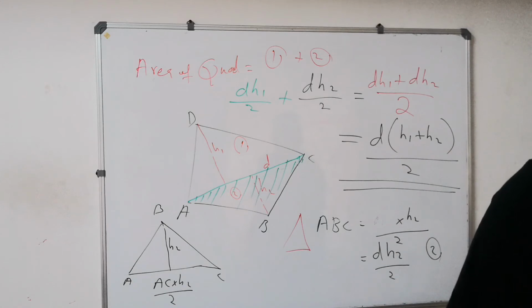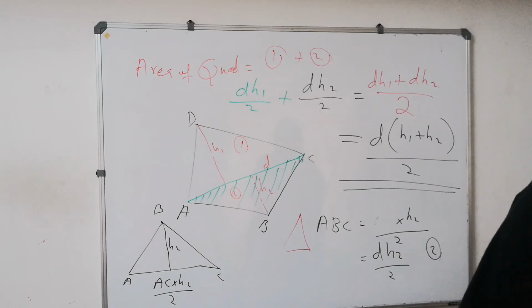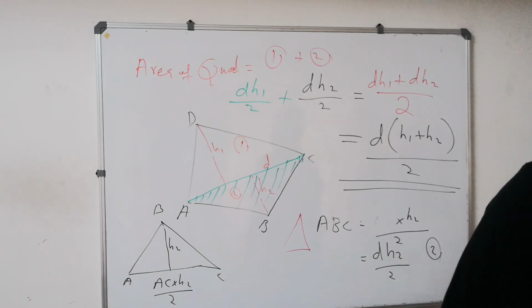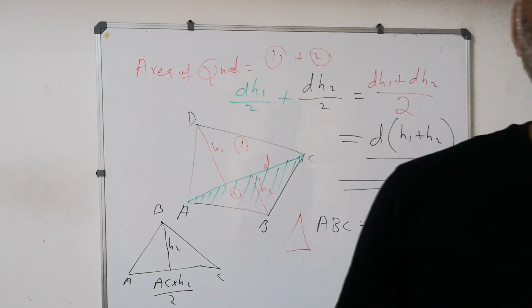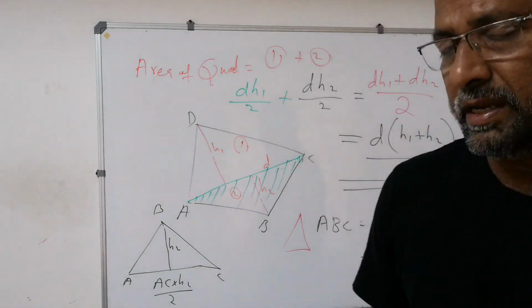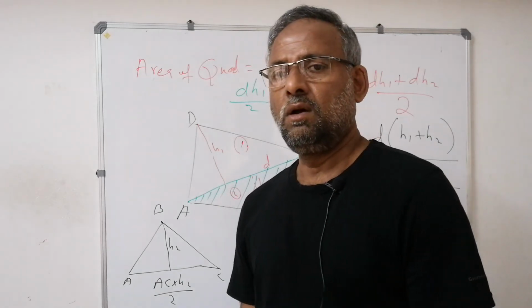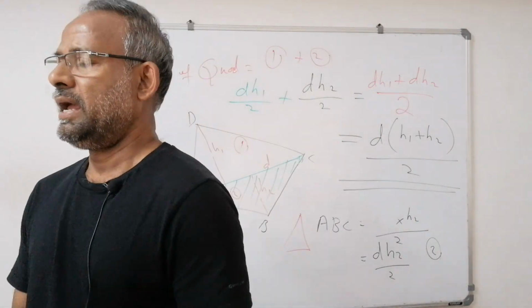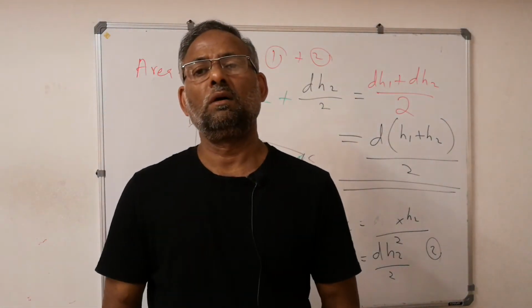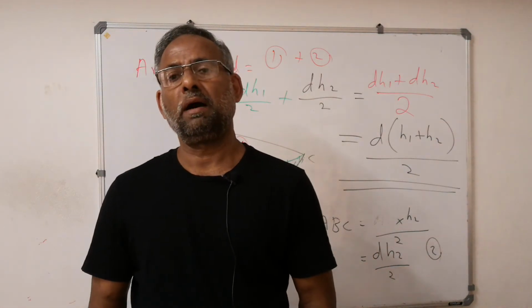the exercise. You can see that next is area of a special quadrilateral. That means area of a rhombus. Okay, next class I will tell you about that, because that is very easy. Rhombus means all sides are equal and opposite sides are parallel.